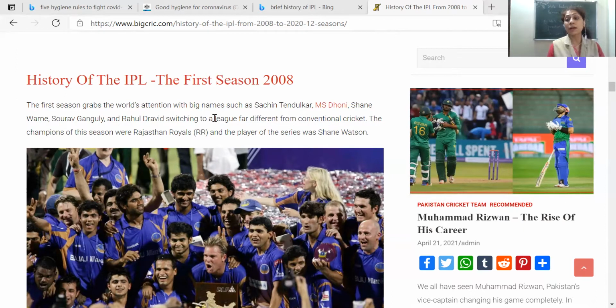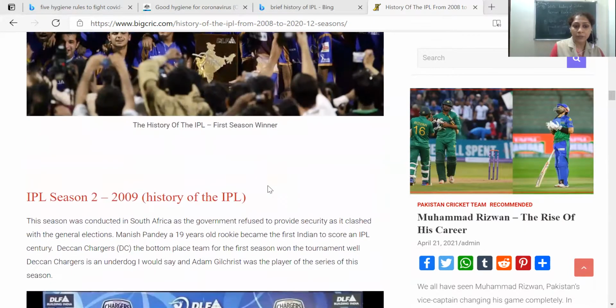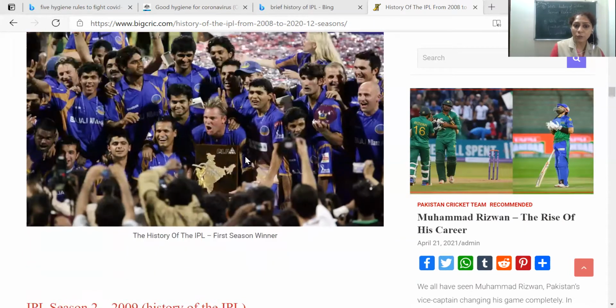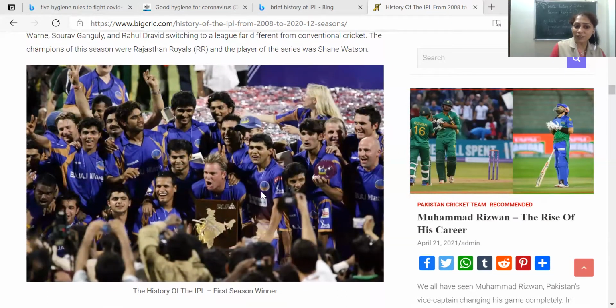T20, this IPL, the format of the match is totally different. They are short in duration. There are many differences, from the conventional cricket system of 50 overs, it is T20, 20 overs. The champions of this season were Rajasthan Royals, and the player of the series was Shane Watson.